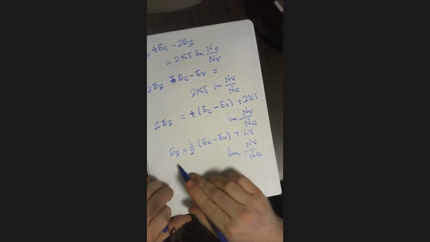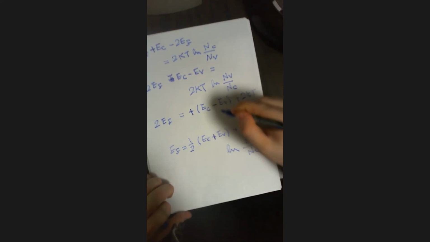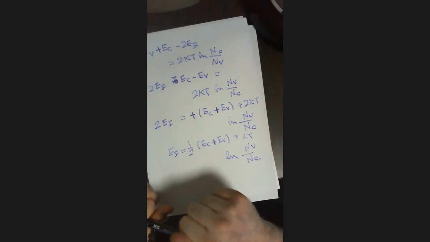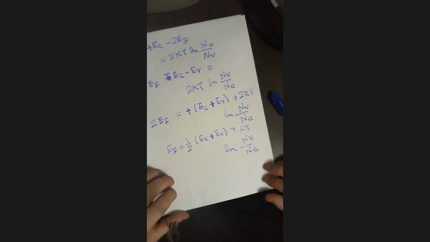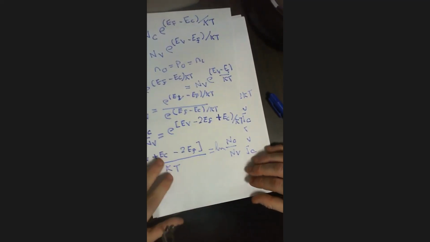So the final form will be EF equals EC plus EV over 2 plus KT ln NV over NC. This is the final form we should reach by equalizing these two functions together.